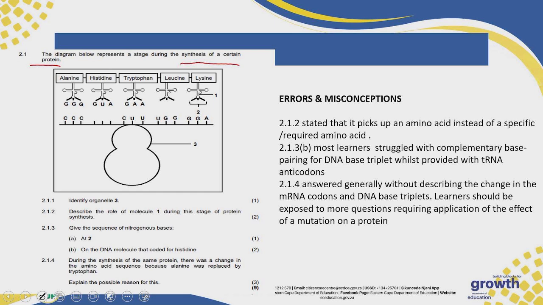It should be in the nucleus, but here you can see that we have got these amino acids. We know that the amino acids are carried by the tRNA molecule.